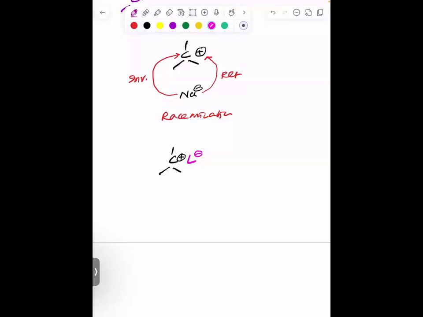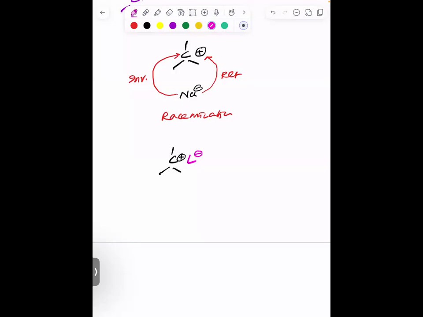After releasing the leaving group, it will be closer to the carbocation center due to the Coulombic force of attraction. Between a cation and an anion there will be a Coulombic force of attraction.